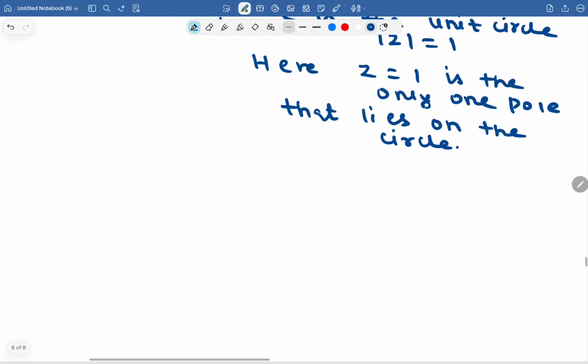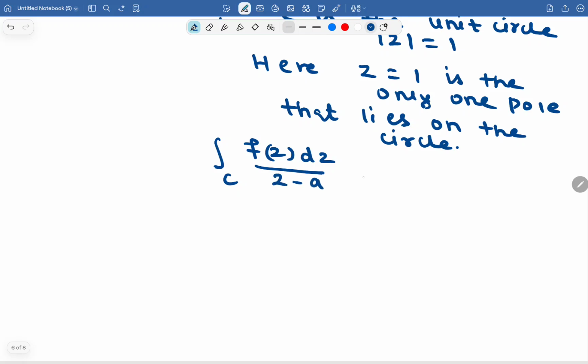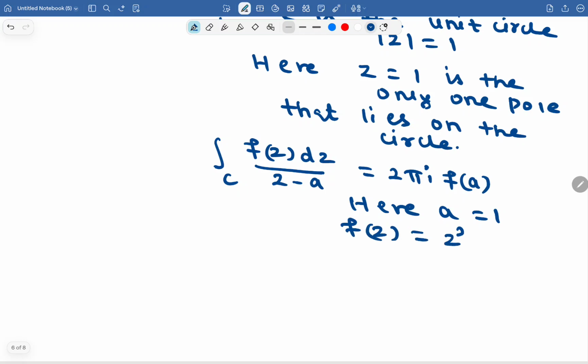By Cauchy integral formula, the integral over C of f of z dz by z minus a is equal to 2 pi I into f of a. Here a is 1, f of z is z square minus z plus 1.